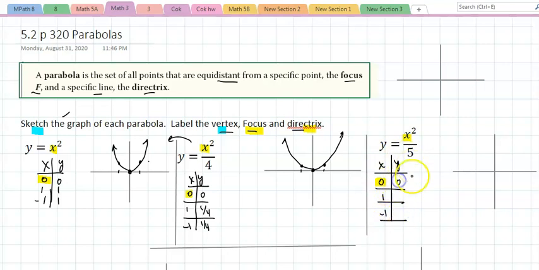A 0 in there will get me 0, 0, 1, 1/5, and negative 1, 1/5. Again, a very wide graph. So if the leading coefficient is between 0 and 1, the graph widens up.